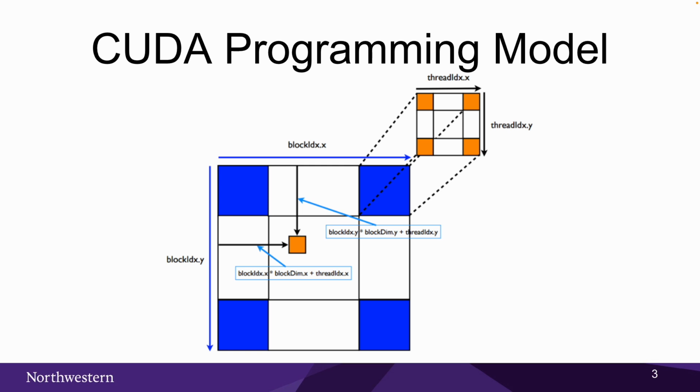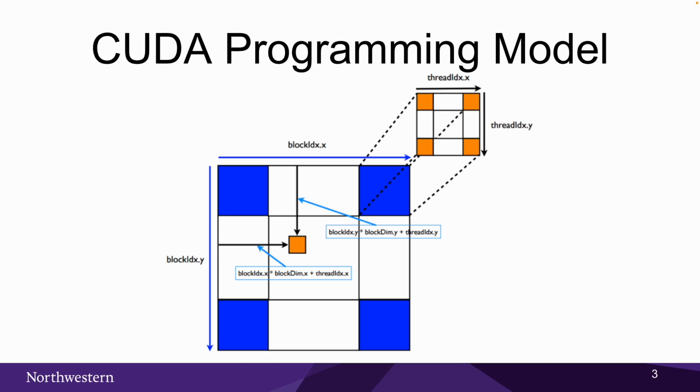To identify their position in the hierarchy, CUDA provides built-in variables. threadIdx gives the thread's index within a block, blockIdx gives the block's index in the grid, and blockDim describes the size of the block. Using these, each thread can calculate its global index. This lets us split a large task like processing a matrix into small pieces that each thread can handle independently.